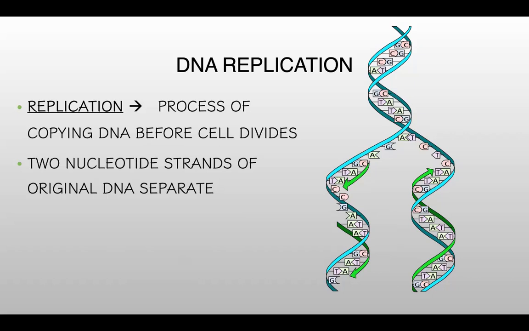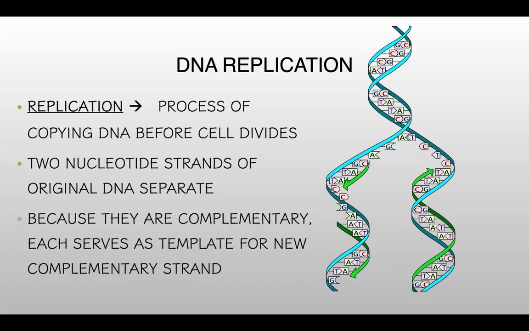You're going to read the sequence of bases on each strand, apply the complementary base and bond that together, and you end up with two new strands. Because of the complementary base pairing rules, each strand serves as a template for a new complementary strand. Therefore, you end up with two complete sets of DNA.